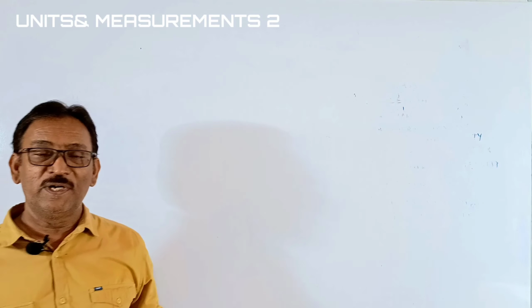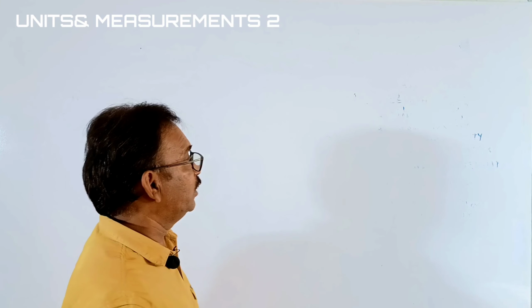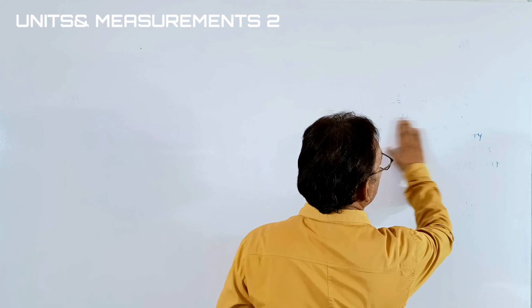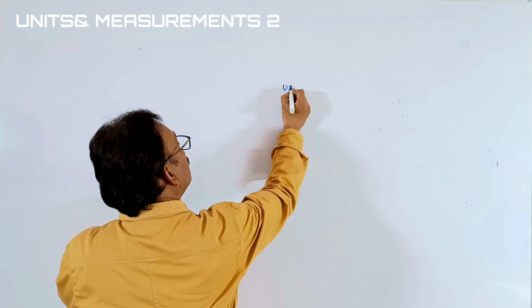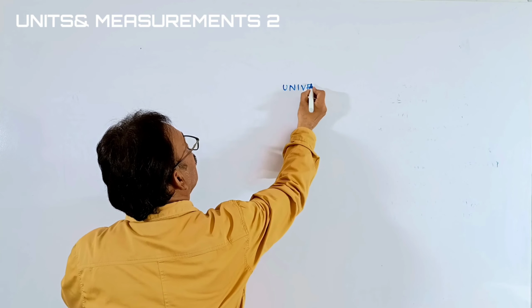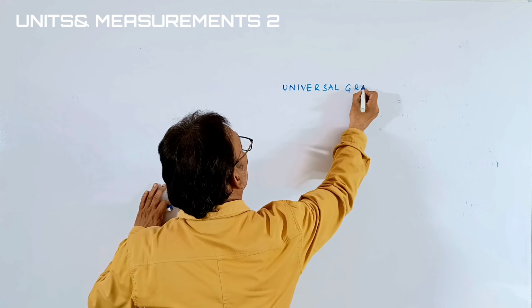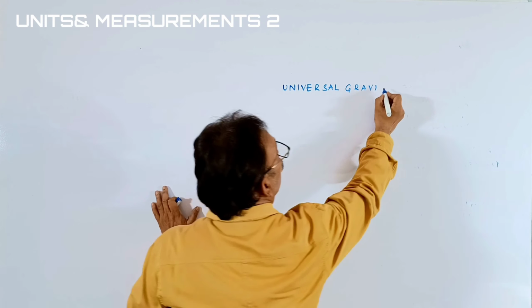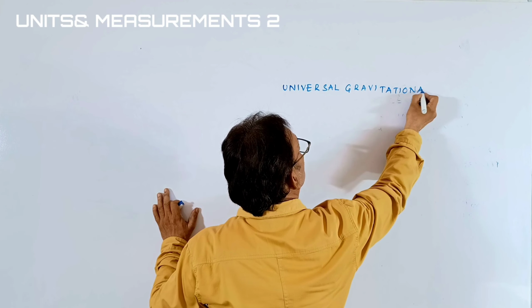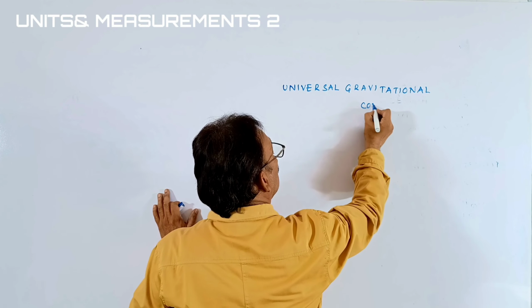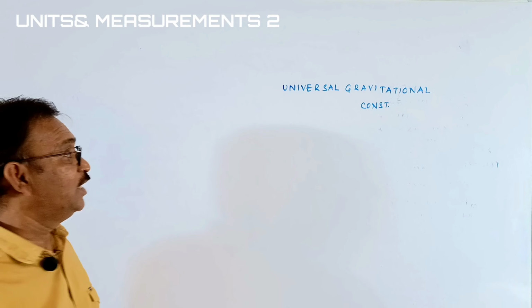Okay, students, now we are writing the dimensional formula for one more constant, known as the universal gravitational constant.